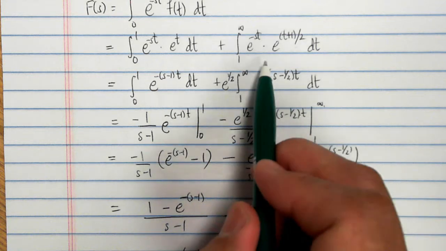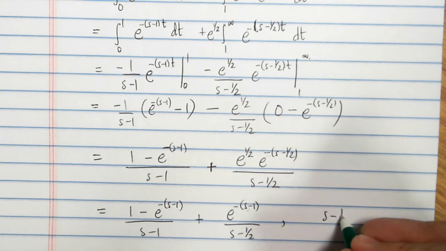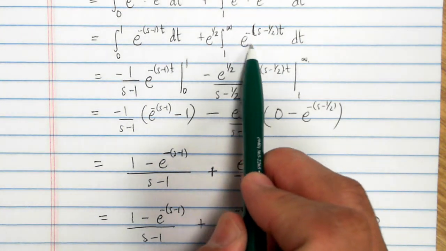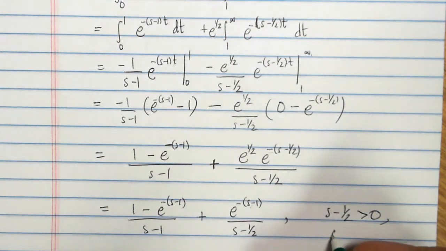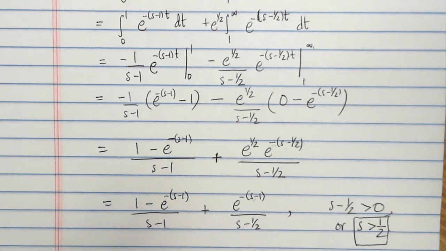So s minus a half has to be positive in order for this part to converge in the first place, or s is greater than 1/2. So the Laplace transform will need to be defined for this problem as long as s is greater than 1/2. And by the computation we just did, that is the actual Laplace transform.